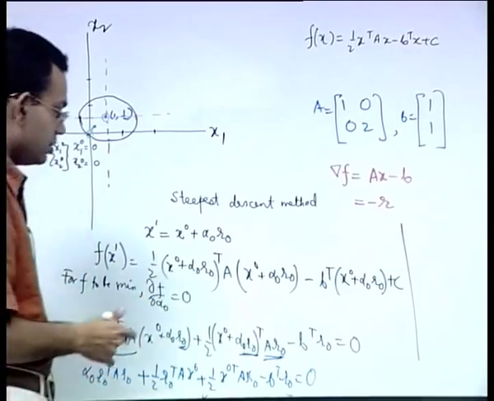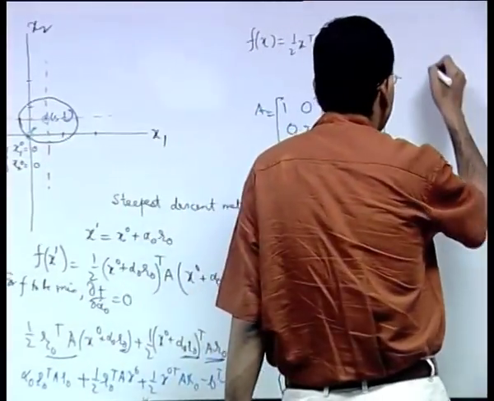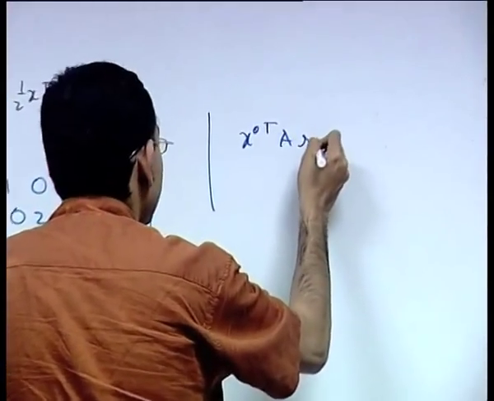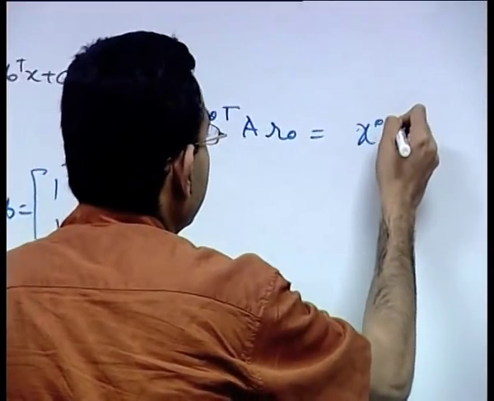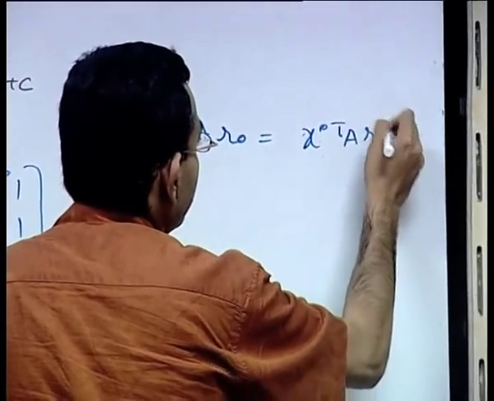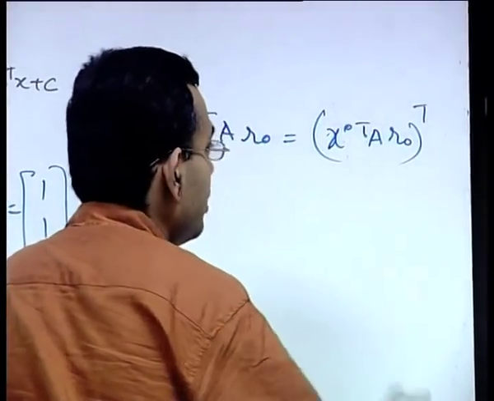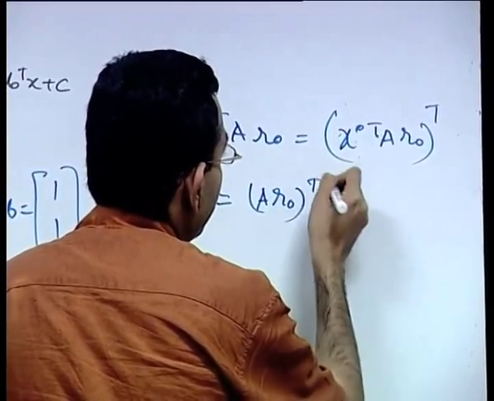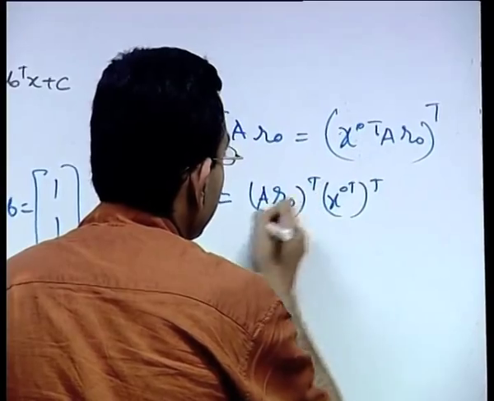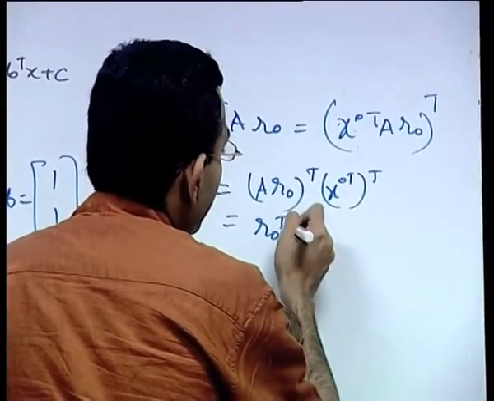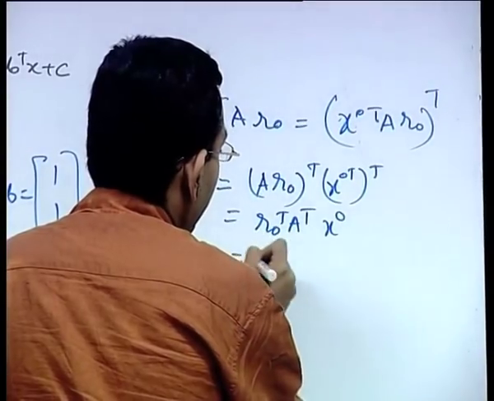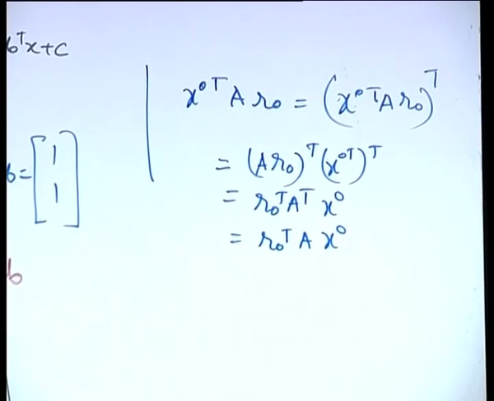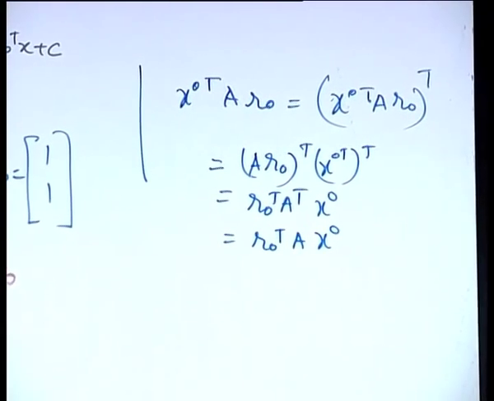Now using a similar manipulation to what we have done earlier, you can show x0 transpose A r0 is equal to its transpose, because it is a scalar, that is (A r0) transpose into (x0 transpose) transpose, which is r0 transpose A transpose x0, and that is equal to r0 transpose A x0, because A transpose is equal to A; we are dealing with a symmetric matrix.